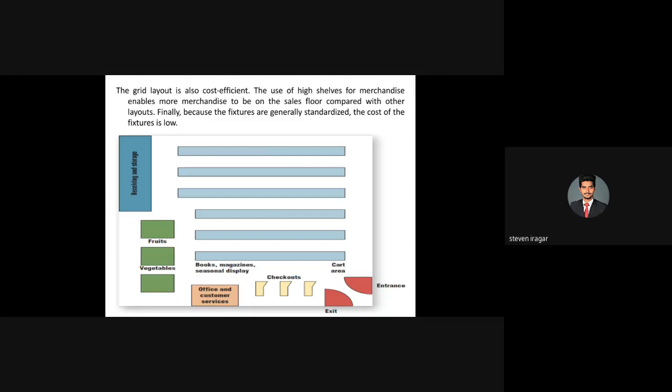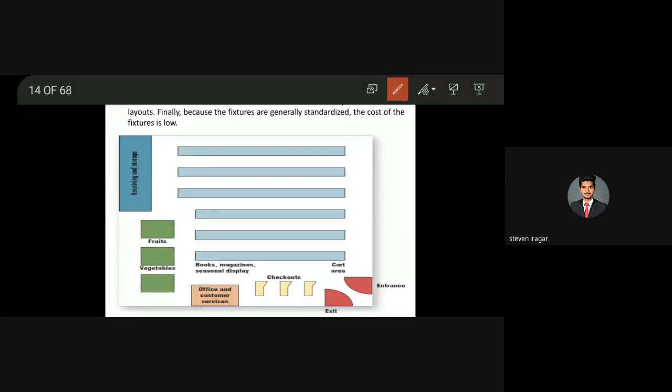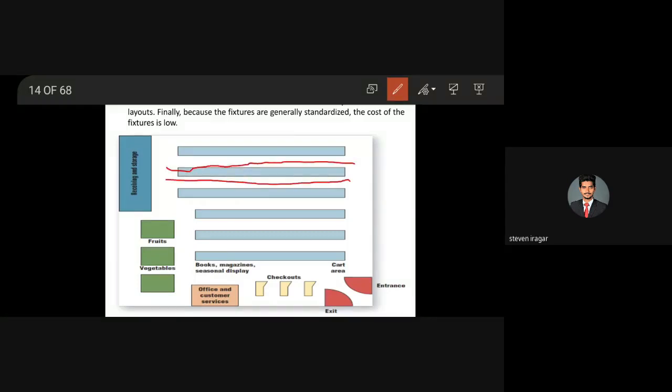Okay, this is what the layout is. As I was just telling you regarding this, this is what we call the aisle, a passage which customers walk through, and they find different types of products side by side.